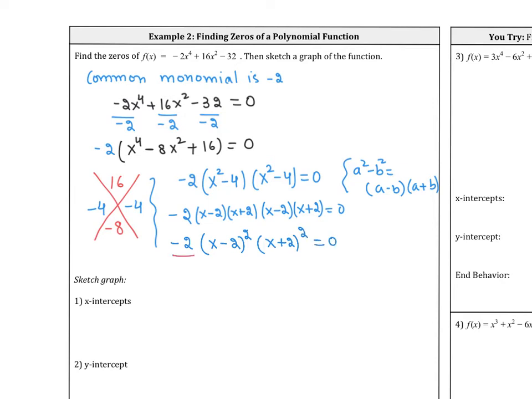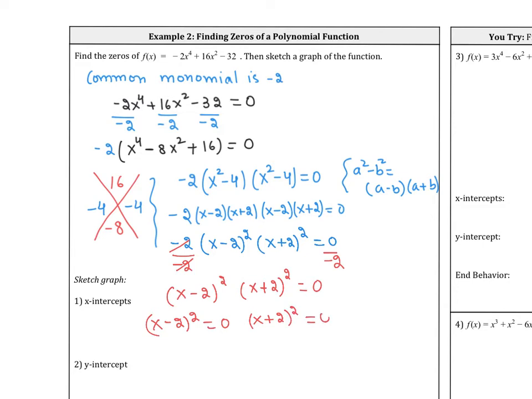You can divide by negative 2 on both sides so that the negative 2 cancels. Then the factors are (x minus 2) squared and (x plus 2) squared equals 0. Put them equal to 0 one by one.